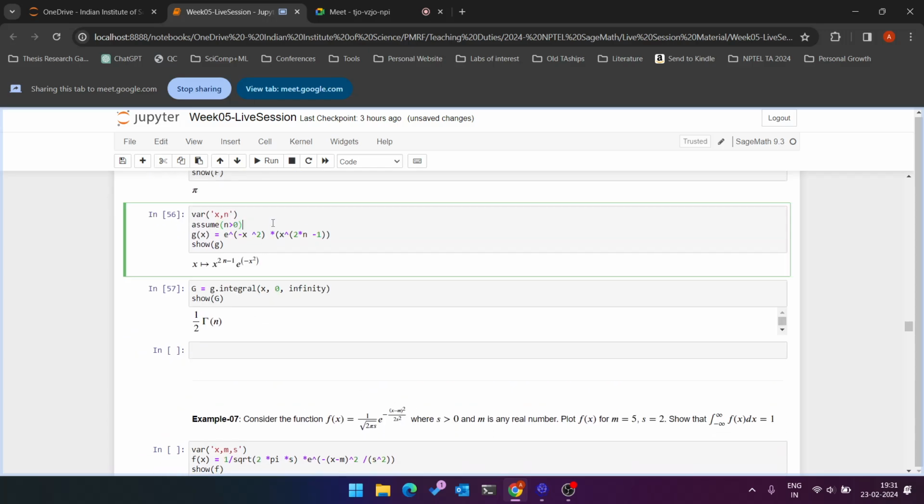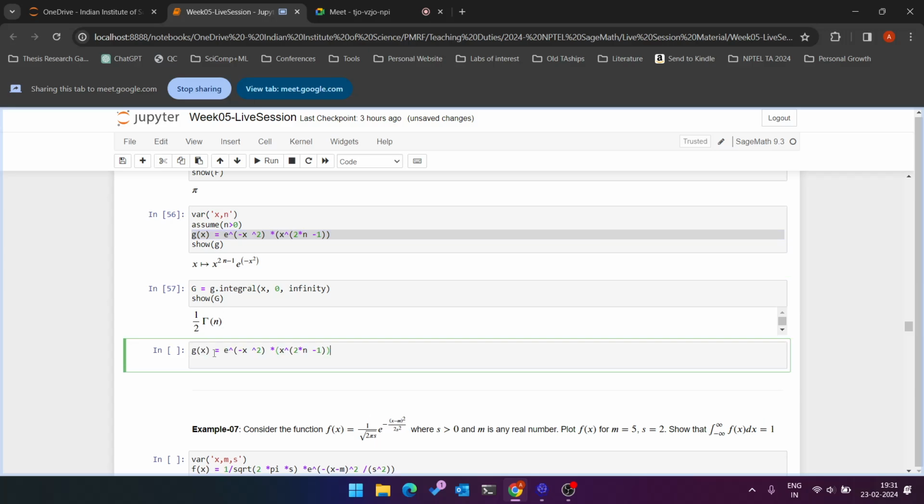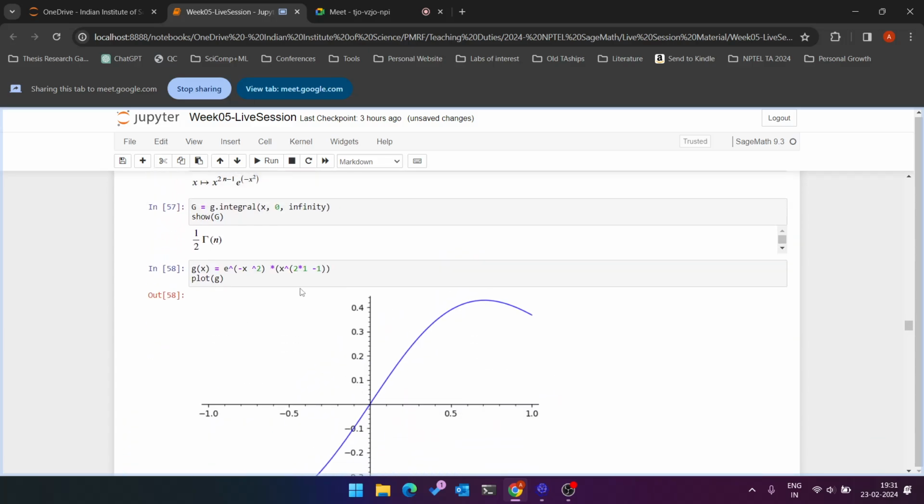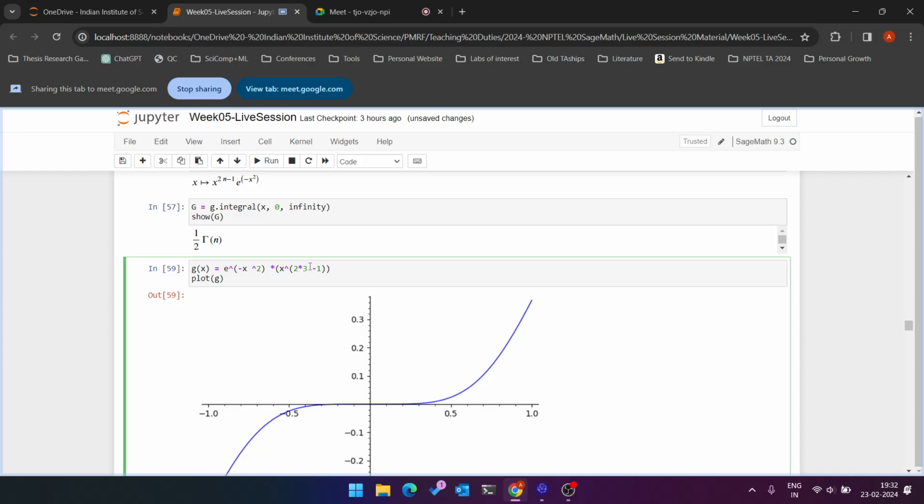So if I wanted to look at, say, only one specific plot, I could say 2 raised to 1 minus 1, and if I do plot of g, this is how the function would look like. If I do it for n equals 3, the function seems to be becoming flatter.